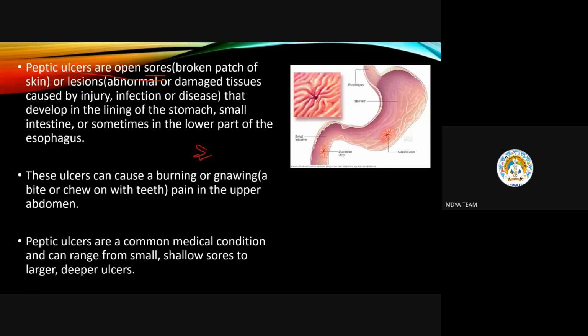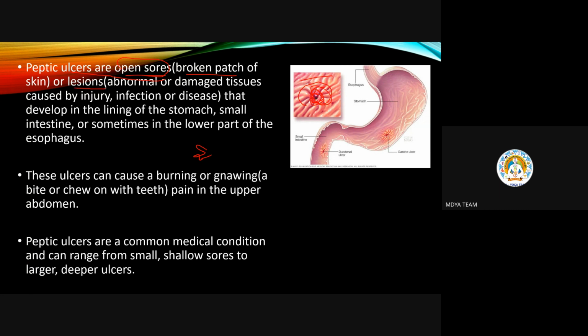This is a normal structure, but here a sore-like, lesion-like structure is made. This is the diagrammatic view of a peptic ulcer. There are two things: open sores and lesions. A sore is a broken patch of skin.